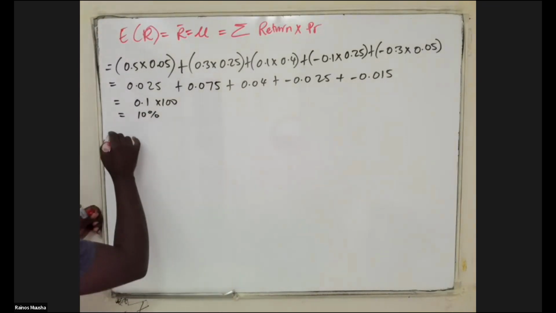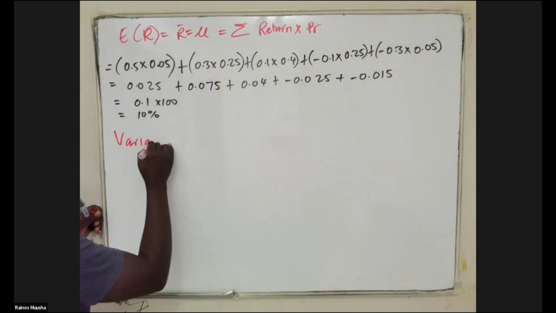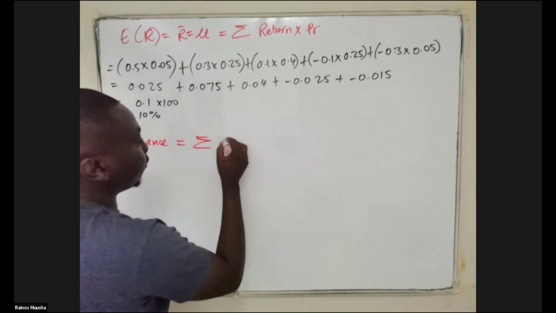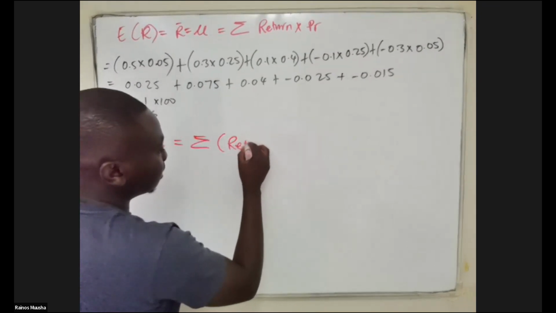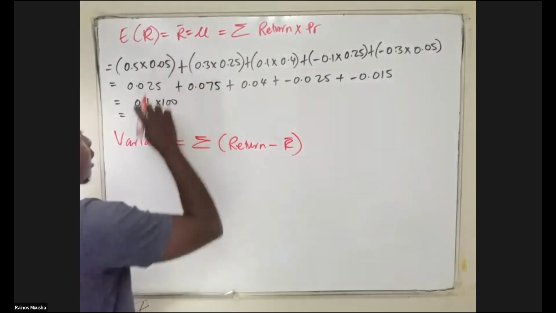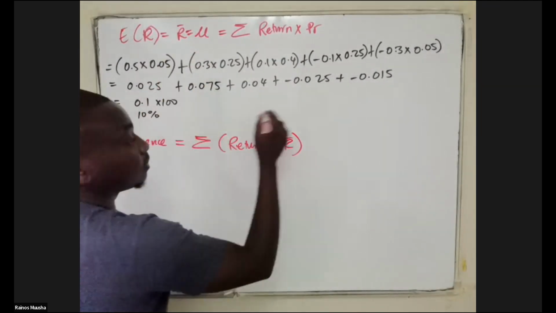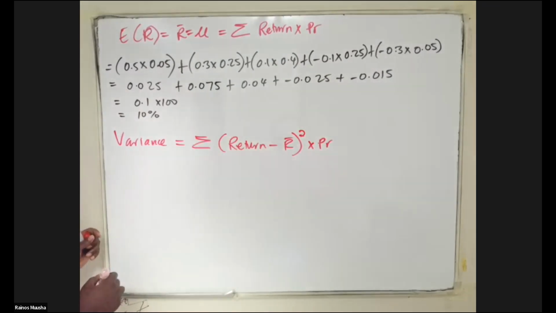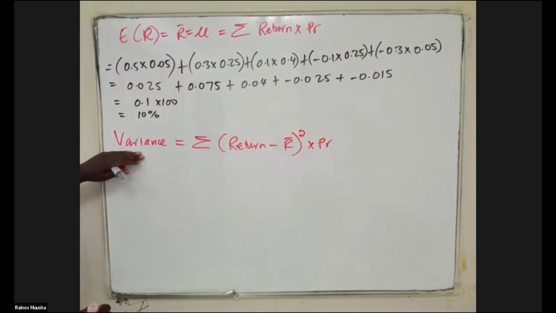Second step, calculate the variance, where the variance is the sum of the return minus the expected return, squared, multiplied by the probability of the returns. This will give you the variance.